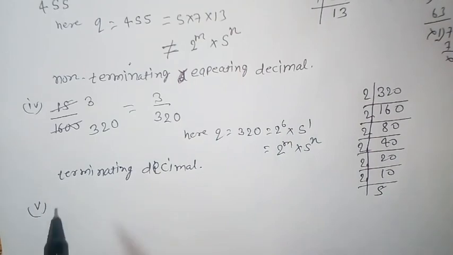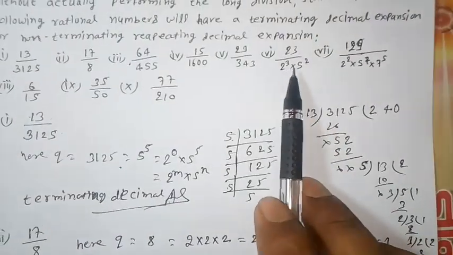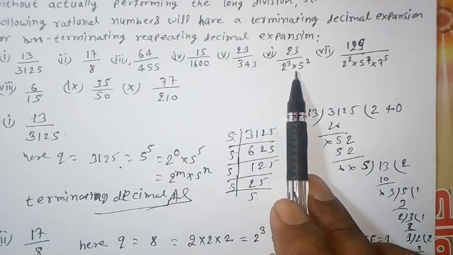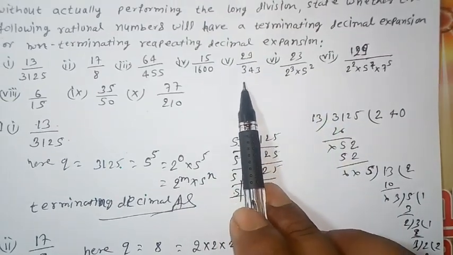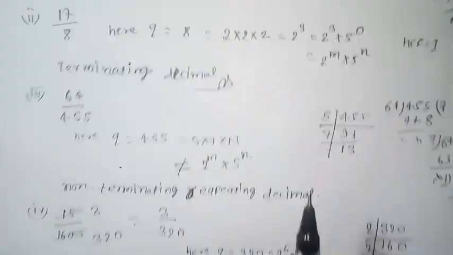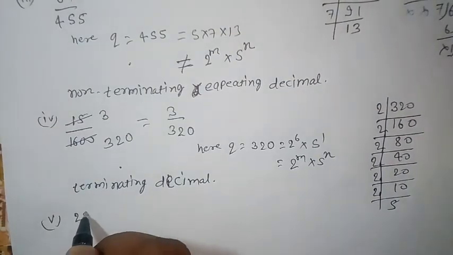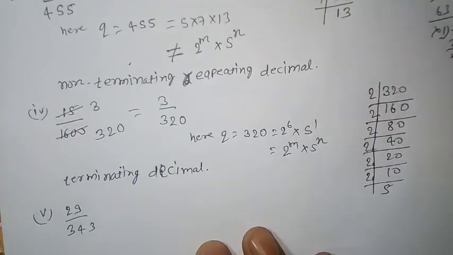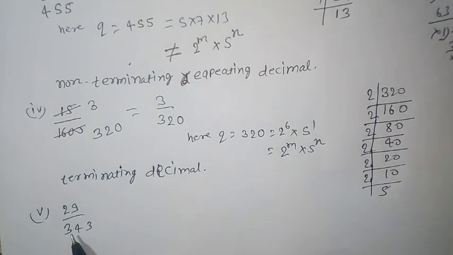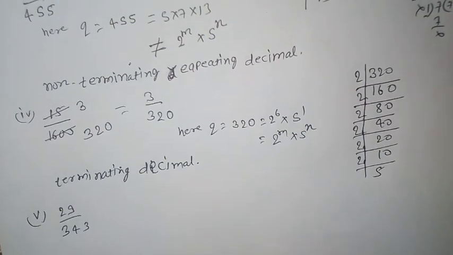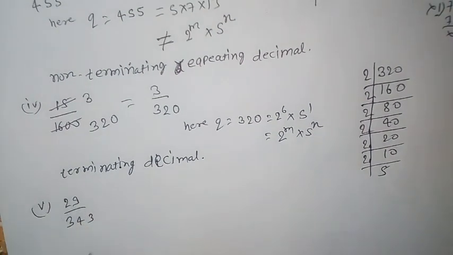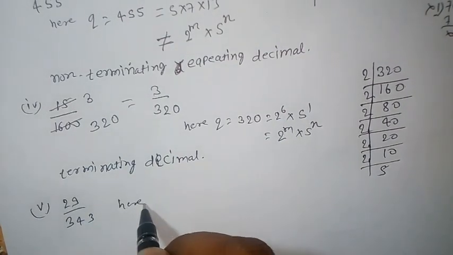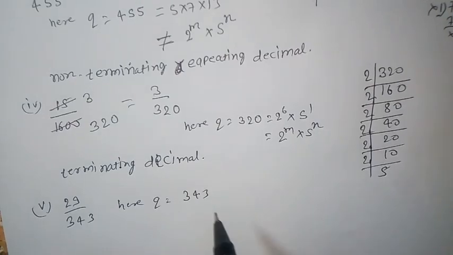The next question 5. 29 by 343. Now when you find HCF of 29 and 343, then you get 1. So this rational number is in simplest form. Here Q is equal to 343.